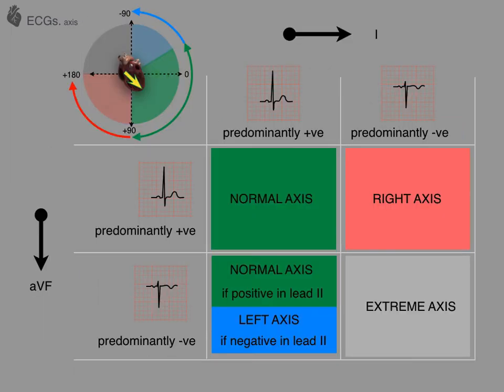You can put all of this together into a table which gives you the QRS axis of an ECG by examining leads 1 and aVF, and if required, lead 2, looking at whether the complexes are predominantly positive or predominantly negative in those leads.